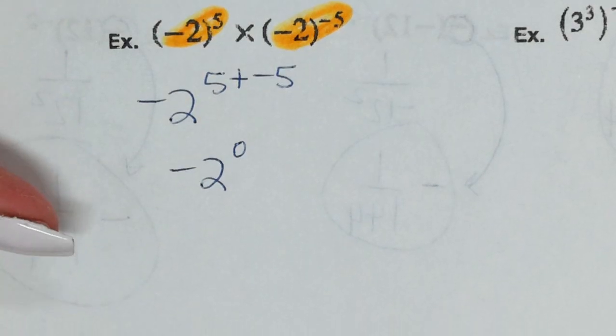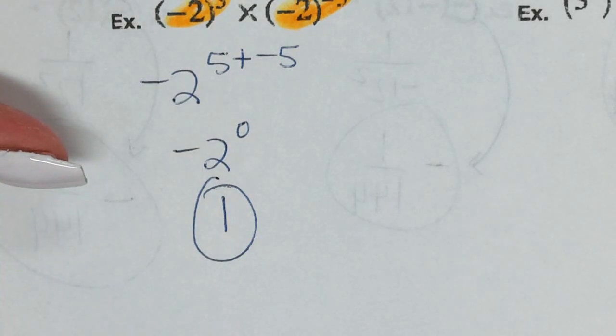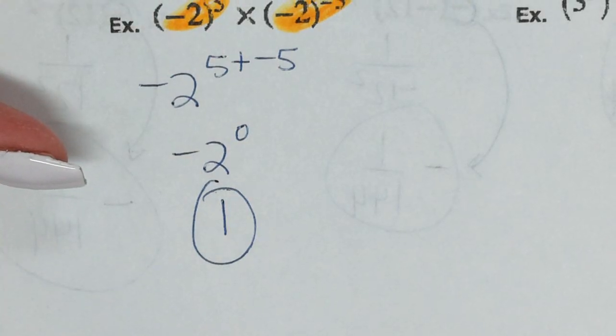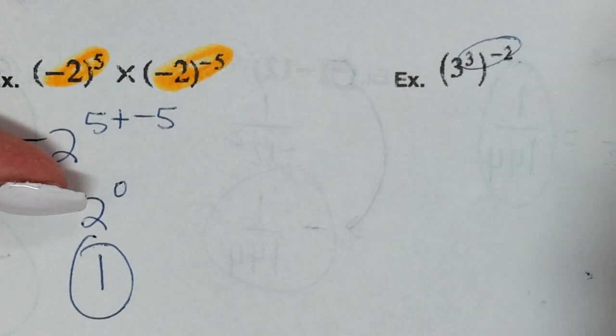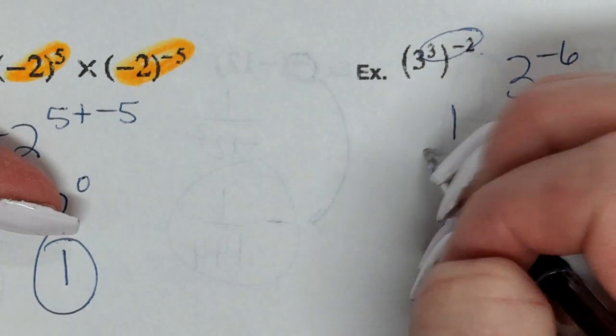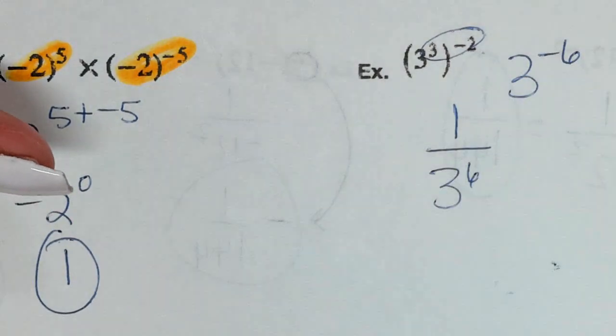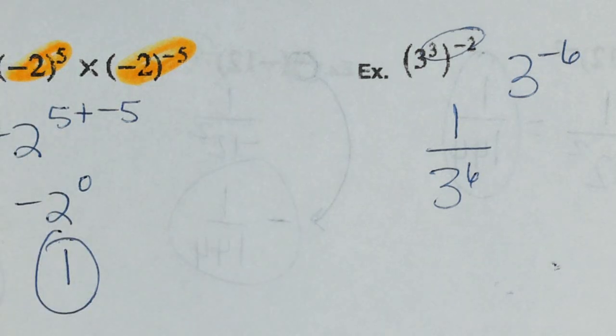Anything raised to the 0 power is 1. Okay? What am I going to do to these? Multiply them. So 3 to the negative 6 becomes 1 over 3 to the 6. Questions?